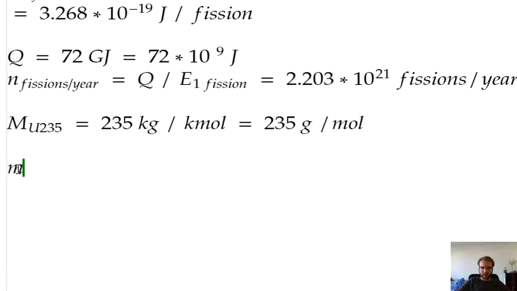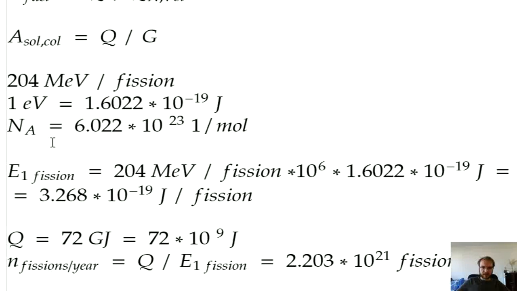So the mass of a single atom of the uranium-235 is the molar mass divided by, and now here the Avogadro number.